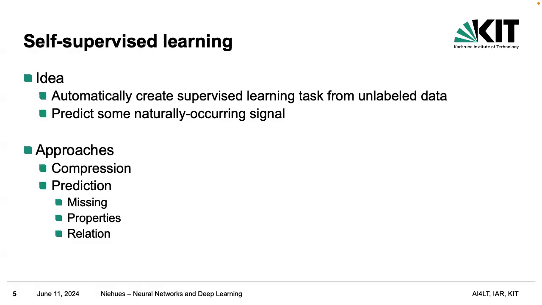We take our data and we remove some information or do something with it, and then we try to predict it. And there are different ways. One approach is more a compression-based method. The idea is we try to compress our data, and if we have to compress the data, we need some of the most informative parts to be represented.